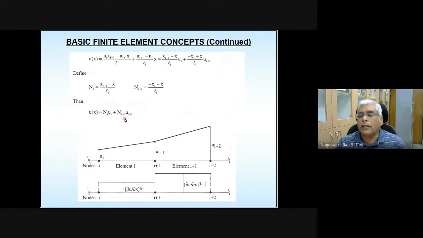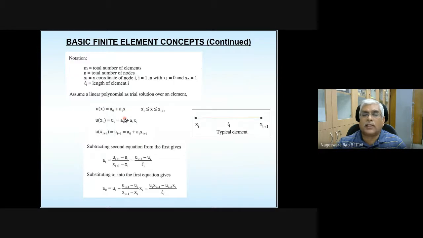Just now I told you to make a comparison. The coefficients a0, a1 are replaced by ui and ui plus 1. And what about the other thing? What is the coefficient of a0? It is 1. What is the coefficient of a1? It is x.